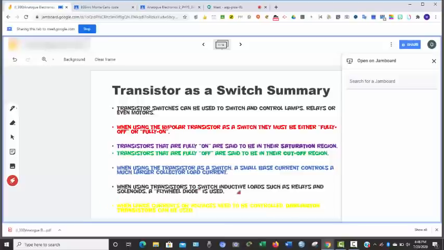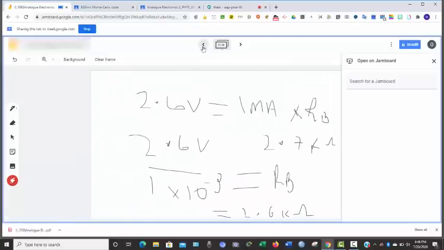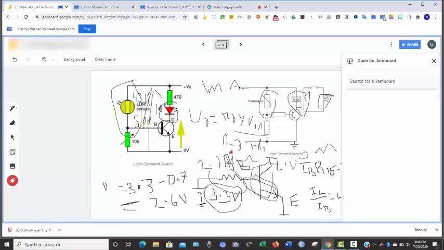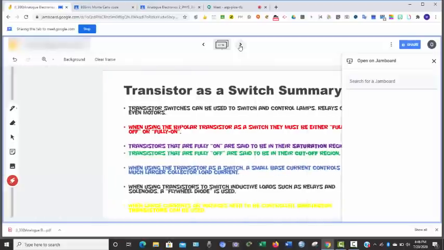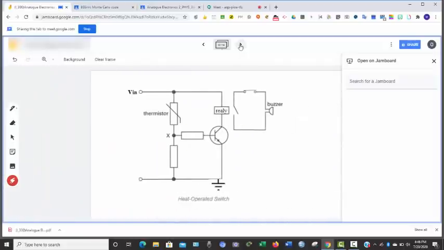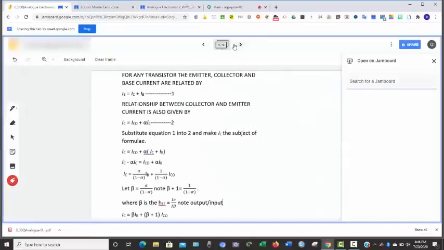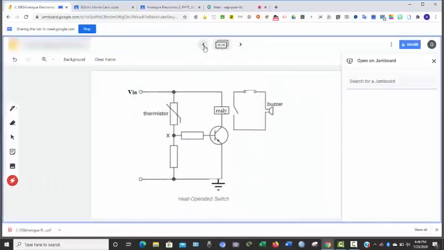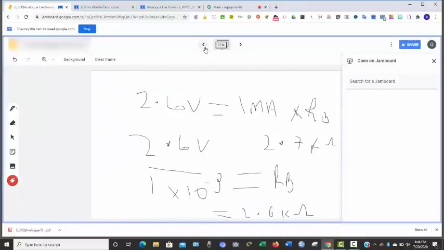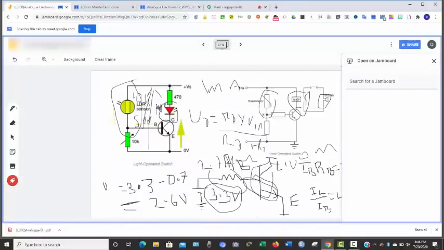When using a transistor to switch inductive loads such as a relay and solenoid, a flywheel diode is used. What we are simply saying in that case is this: at this very point, the diode will be connected to this point.